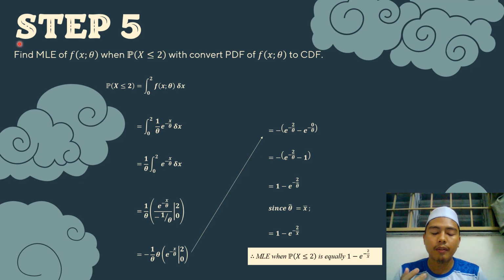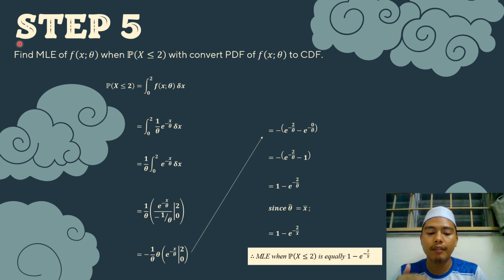Before we apply the range of integration, we simplify the theta, where 1 over theta times theta is equal to 1. So we get negative exponent power of negative x over theta, integrated from 0 to 2.